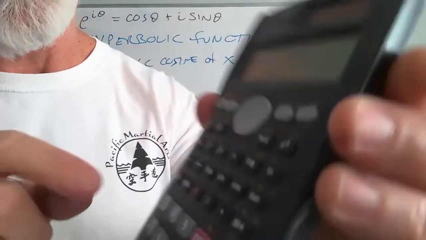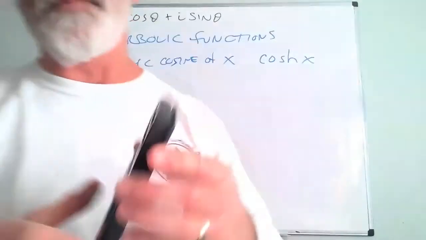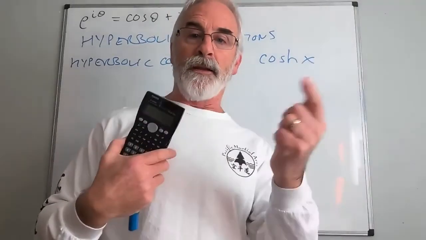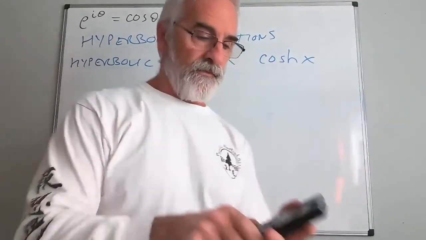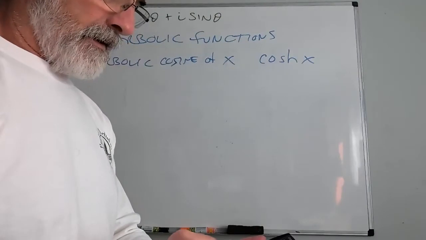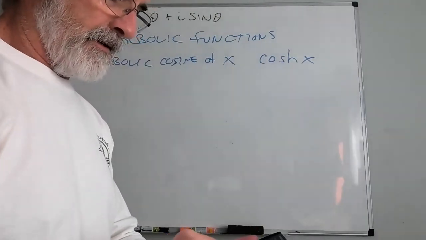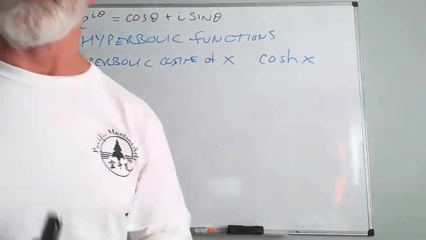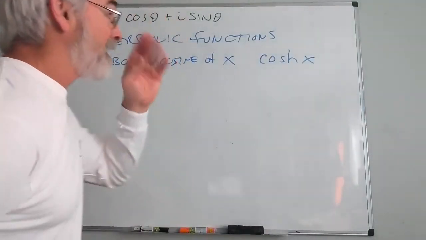Hopefully you can all see that. The HYP key, and it's right there. Even the cheap calculators have them. That's how you do hyperbolic. So if I had HYP, then cosine, see what my screen says? Even the cheap calculators, you can do a hyperbolic cosine. That's not a big deal.